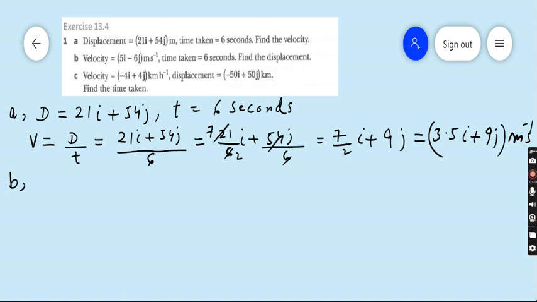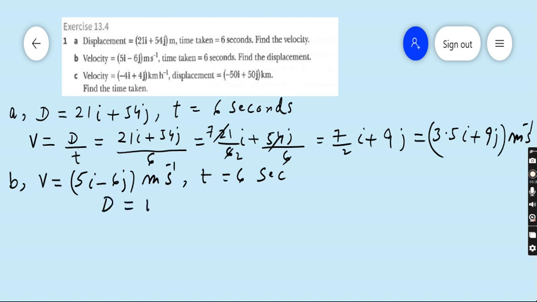What is part B? Velocity is given as 5i minus 6j meters per second. Time given is 6 seconds. Find the displacement. Velocity is equal to displacement upon time, then displacement is equal to velocity into time.